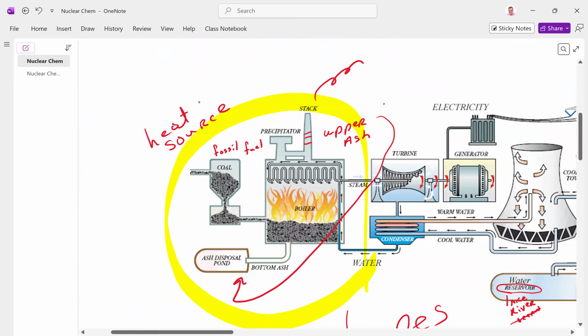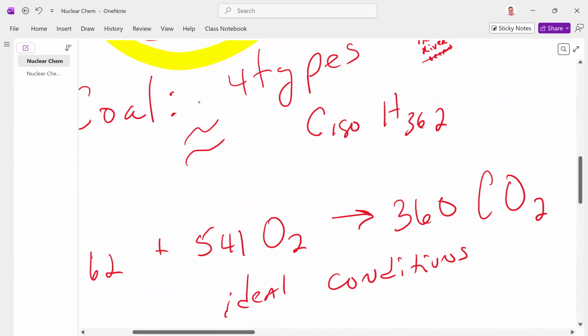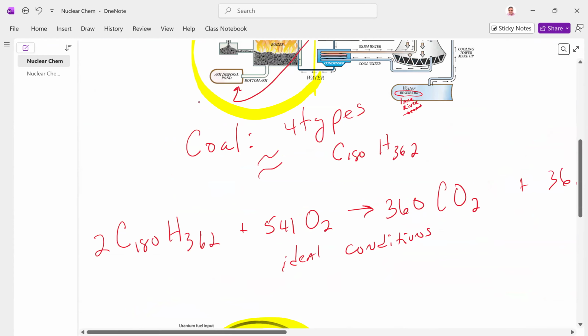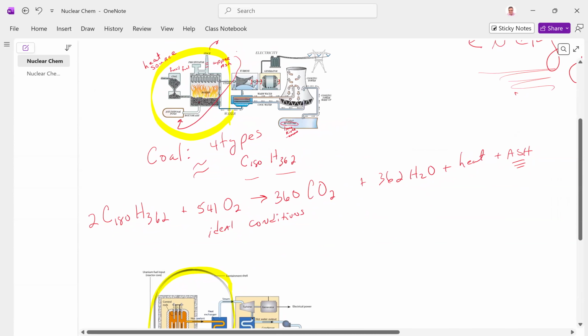So you need to know this about the heat source. This is the formula for heat source. Now, in this case, I'm using coal as an example. And there are 4 types of coal. There's anthracite, bituminous. There's a number of different types of coal. On the average, it's about this guy here, C180H362. Very, very large molecule. Under ideal conditions, which don't exist, this is the chemistry.